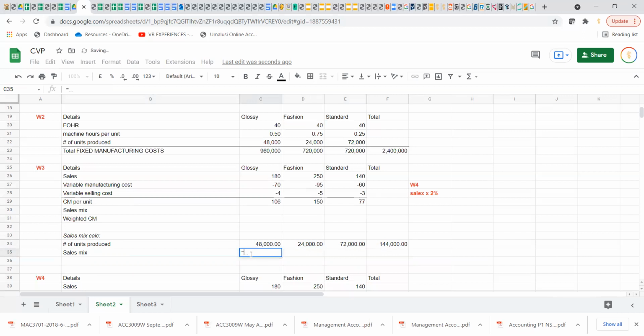So it's simply 48,000 divided by the total, 24,000 divided by the total, and then 72,000 divided by the total. This should just add up to 1. Cool. So now we can bring in the sales mix over here.